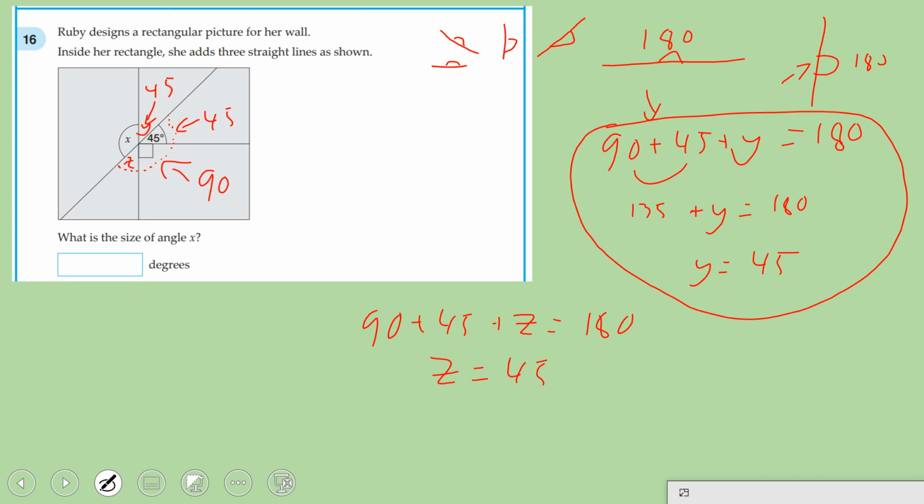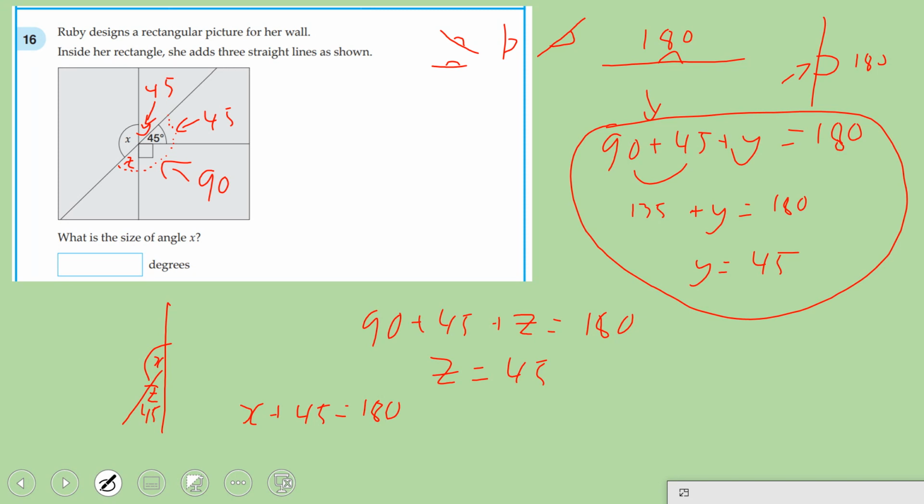Now if we've got Z, which is 45, and then we've got X, which we need to solve, again we've got X plus 45 equals 180. 180 minus 45 will be 135.